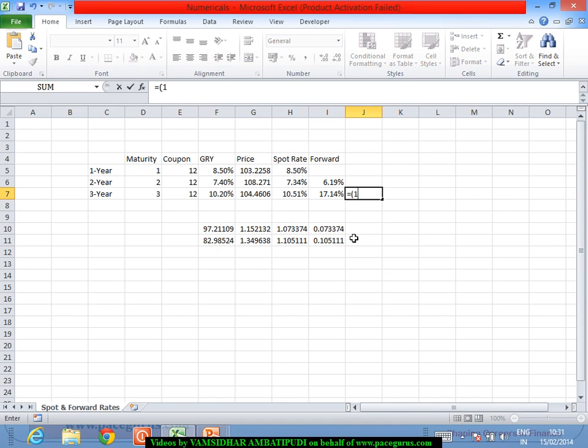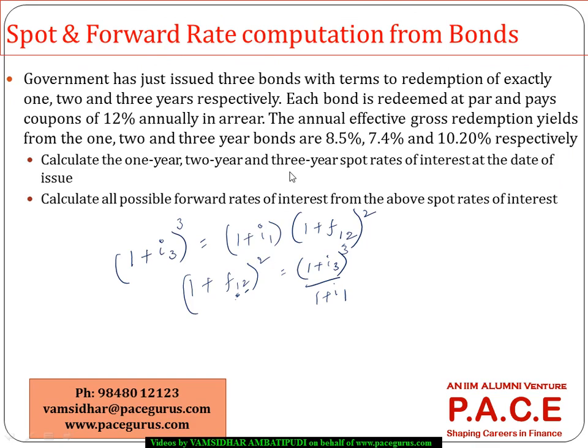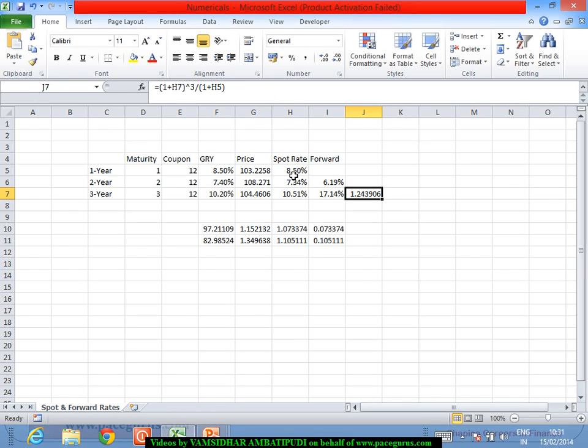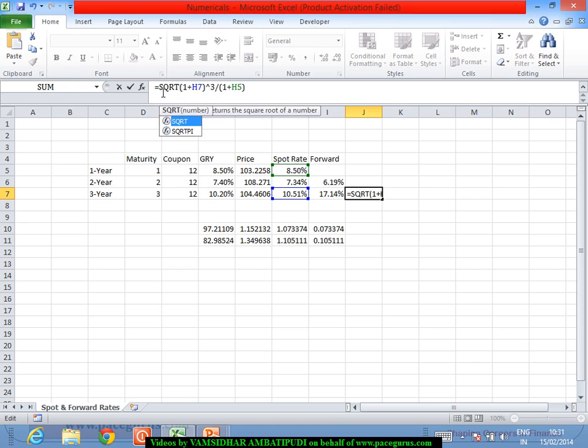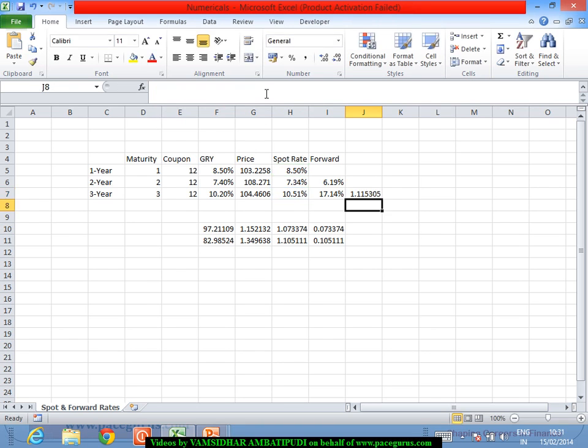So this comes out to 1 plus I3 cubed divided by 1 plus I1. This will give me 1 plus F2 squared. So I take the square root of this to get 1 plus F2, and a subtraction of 1 gives me F12.